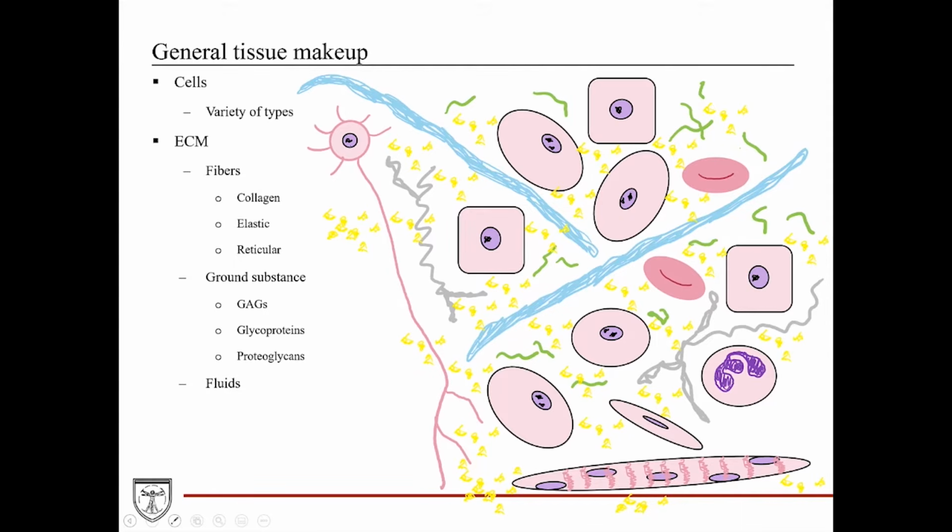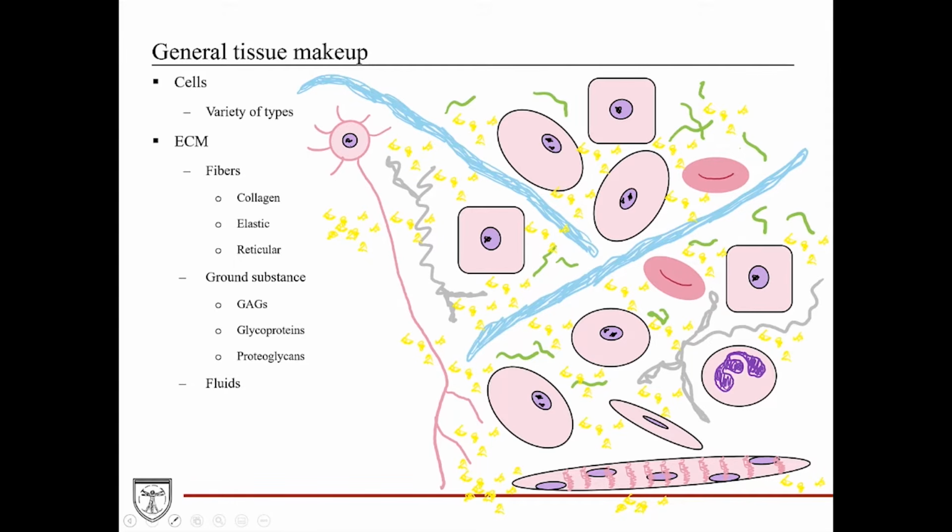These are macromolecules indicated by these yellow squiggly structures. And these structures are really good at anchoring the cells and fibers in place. And these structures, the ground substances, are usually carbohydrate-rich macromolecules, which means they're also good at holding onto or attracting water into the extracellular space.